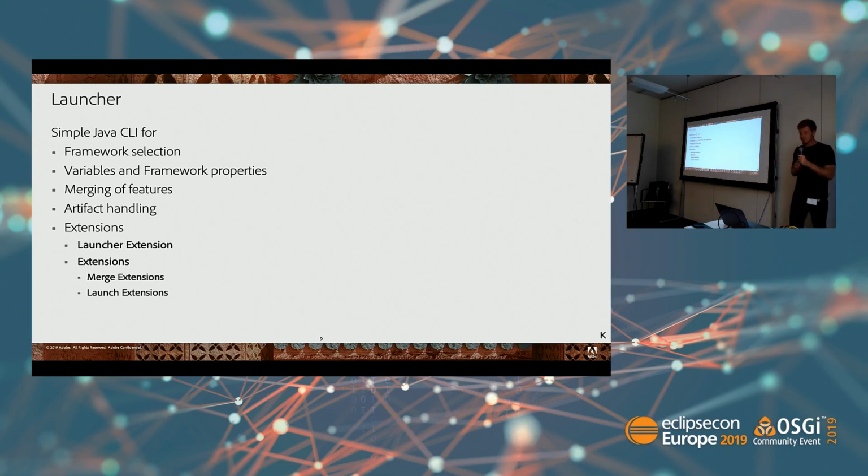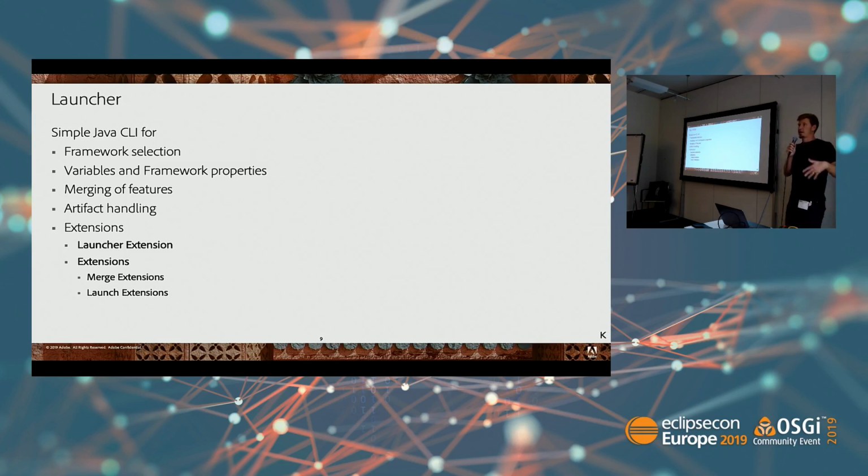It is very simple in that mostly it allows you to select the framework you want to use, give variables and framework properties that are open, as David showed, and then it allows you to merge some features late if you didn't pre-merge them with some tooling. And handles artifacts by effectively just understanding Maven repositories, right?